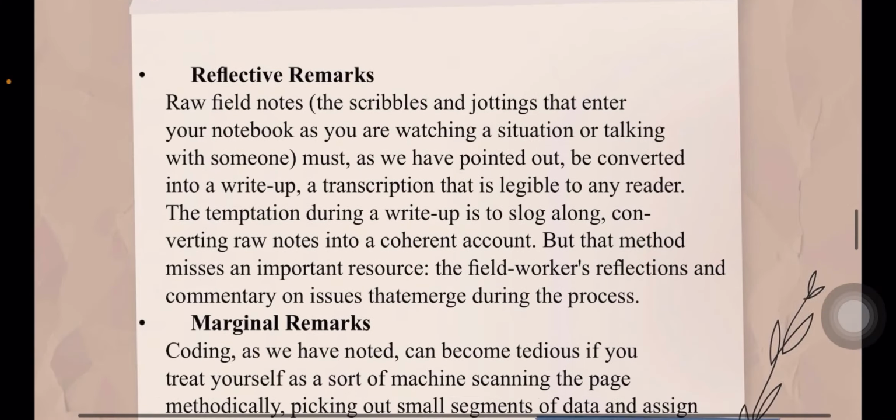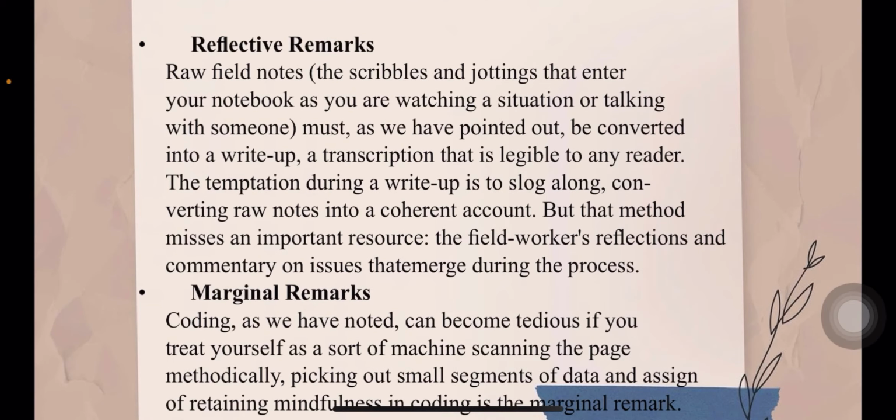Okay, next, let's see, the two points: reflective remarks and marginal remarks. Reflective remarks: raw field notes, the scribbles and jottings that enter your notebook as you are watching a situation and talking with someone, must, as we have pointed out, be converted into a write-up, a transcription that is legible to any reader.